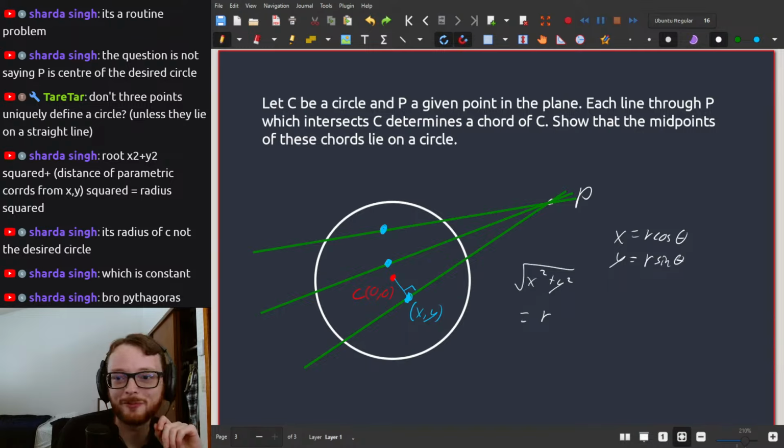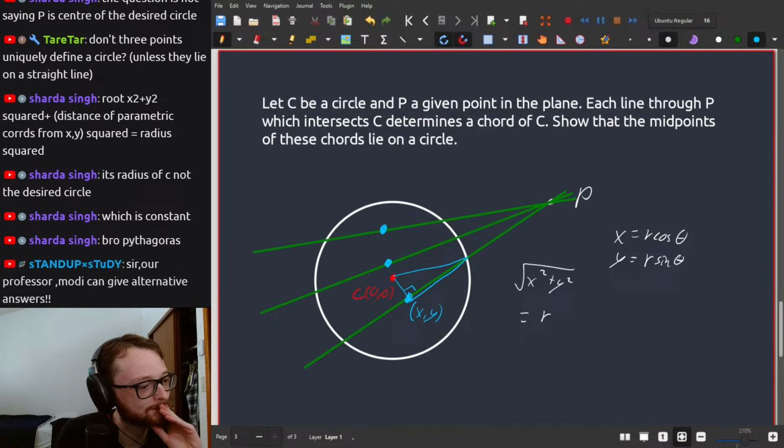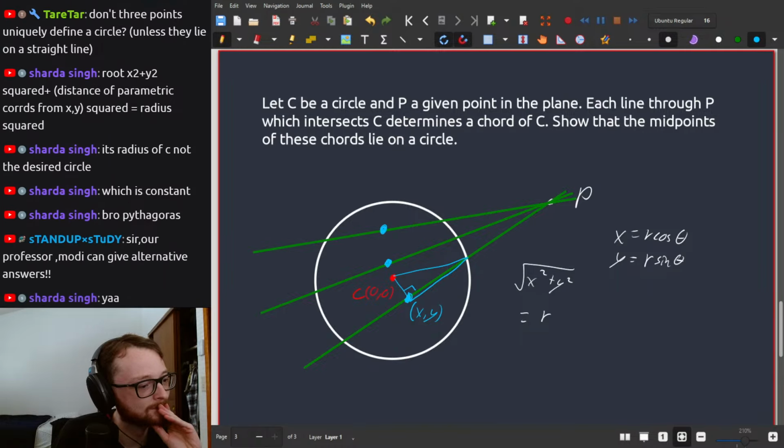You're doing Pythagoras on this triangle here, it seems. So, okay, and so the parametric chords are distance from the midpoint instead.